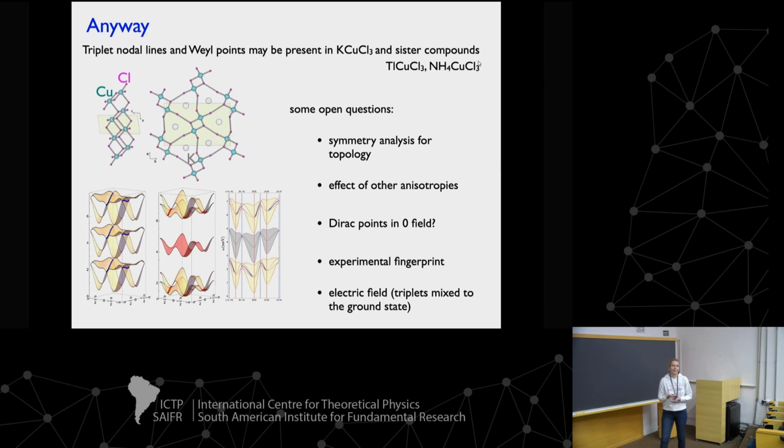So to summarize, we think that this family of materials, like potassium or thallium copper trichloride, are maybe more interesting than they were first believed. If one takes into account the different anisotropies that can be present given the symmetry of this material, then these triplet excitations may realize Weyl nodes and nodal lines, and maybe, depending on the size of these anisotropies, Chern bands, and so on.